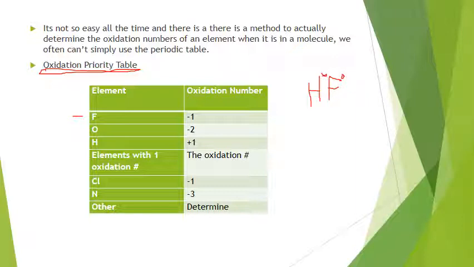Okay, so fluorine, because it's higher up on the table, we're going to use that guy's oxidation number, which will be -1. And then we're going to say we don't know hydrogen's, and using these two pieces of information plus another piece of information, we will figure out what the oxidation number of hydrogen is. So keep this available as we go along here.